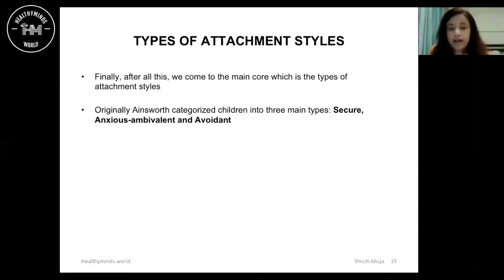Originally, Ainsworth categorized the children she observed in the strange situation test into three types: the secure type, the anxious-ambivalent type, and the avoidant type. These were the three main categories that Mary Ainsworth and her colleagues observed, and they started to categorize the children based on those traits. And these three have been followed even today.